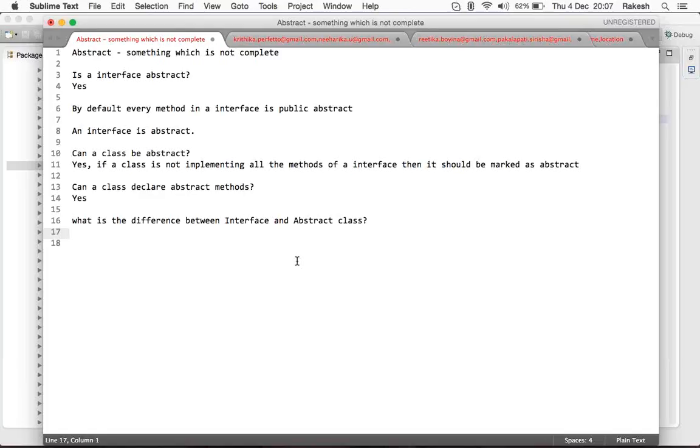If you can answer this question, you'll be able to understand what I just did, or what we're trying to do here. Any guesses? What is the difference between interface and abstract class? I'll take a minute break here. Take a look at this class and you'll find the answer.